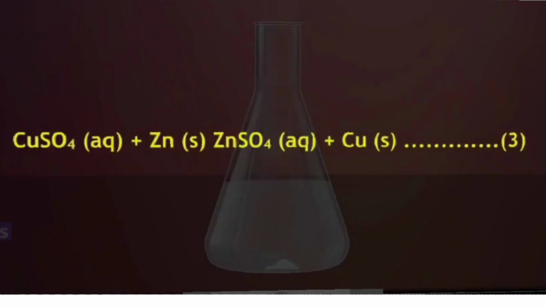So let us go ahead with the next type of reaction, that is displacement reaction. Now in the beginning of the chapter, we did one experiment of zinc dust added to blue colored copper sulfate solution, isn't it? And we observed that there was a colorless solution of zinc sulfate formed, and at the bottom we observed that copper was there, and we had seen this reaction also, right?